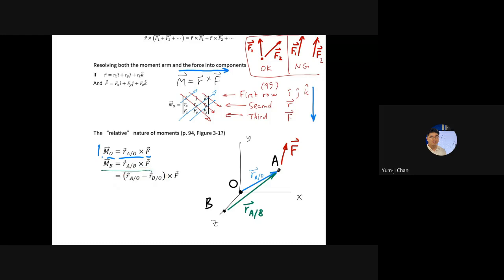So this one is B with respect to O, and you can see that this one is equal to A with respect to B. This should be clear enough.